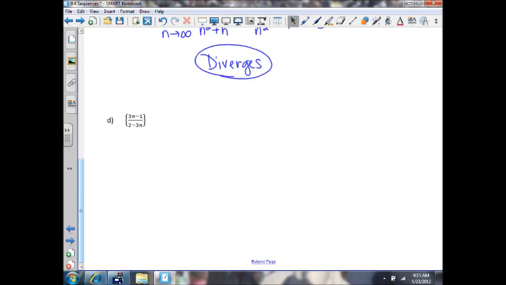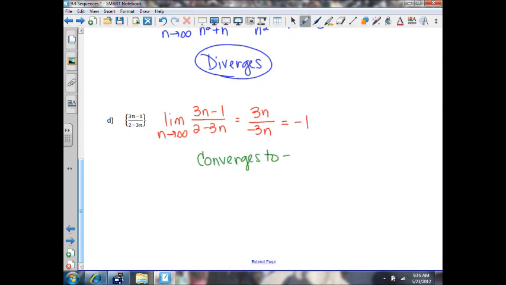Now if we look at D, what we'll have, this will really be 3n over -3n, which simplifies to -1. So this converges to -1. And there you have it, nice easy limits, stuff we learned early in the first semester.